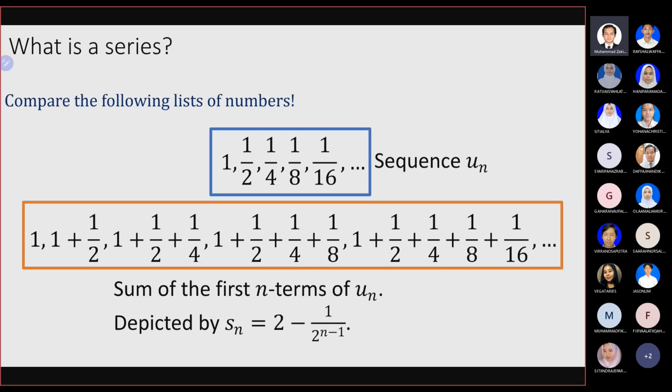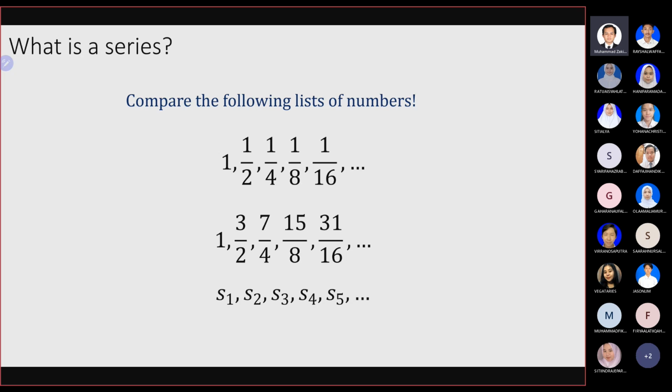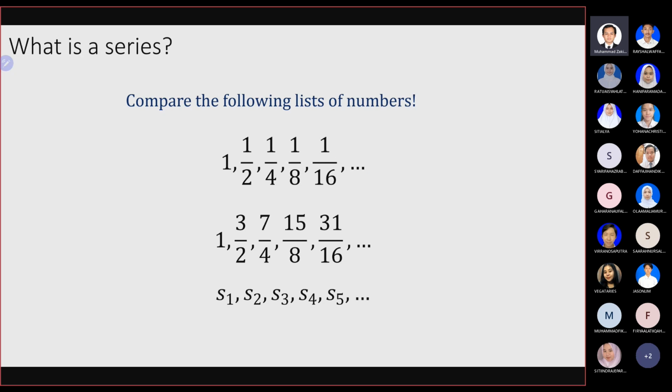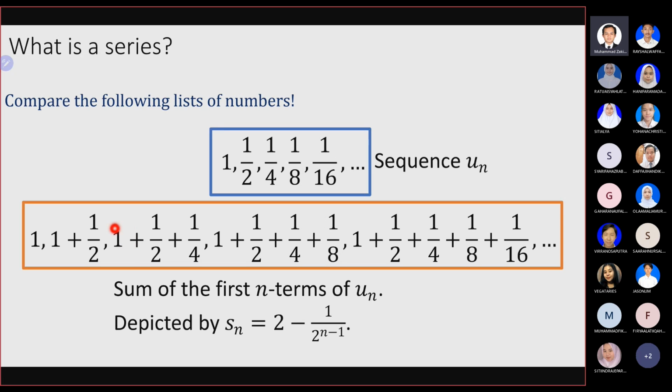The first list is a sequence UN, and the second list is also a sequence, but a sequence of sum of the first n terms of UN. Tadi kita punya 3/2, ya 3/2 adalah 1 tambah setengah, kemudian 7/4, 7/4 adalah 1 tambah setengah tambah 1/4, dan seterusnya.